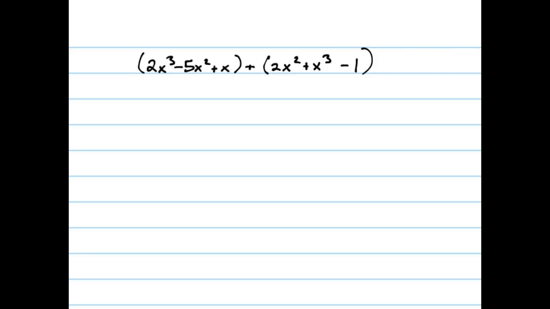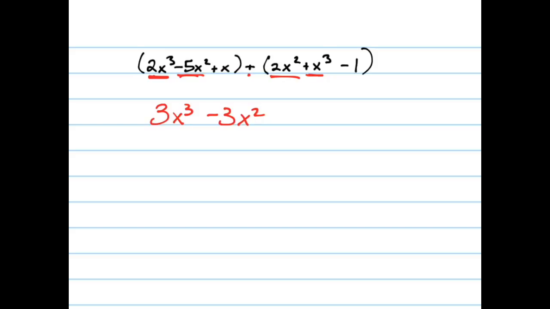Which term is alike to x cubed? X cubed. So 2x cubed plus x cubed is 3x cubed. And which term is like negative 5x squared? 2x squared. And negative 5x squared plus 2x squared is negative 3x squared.